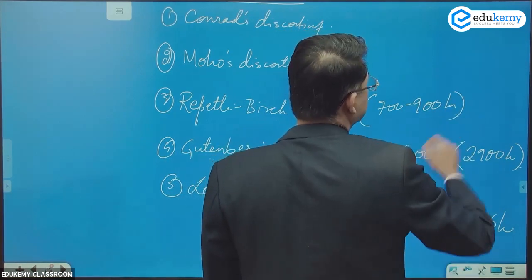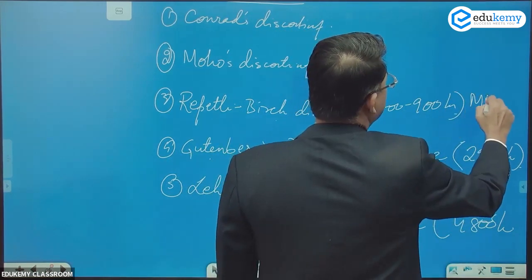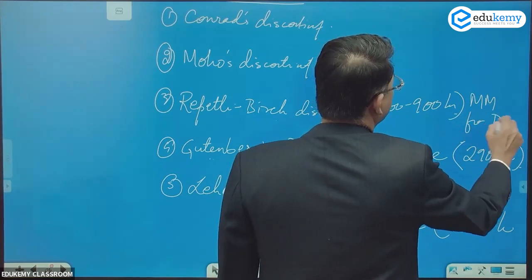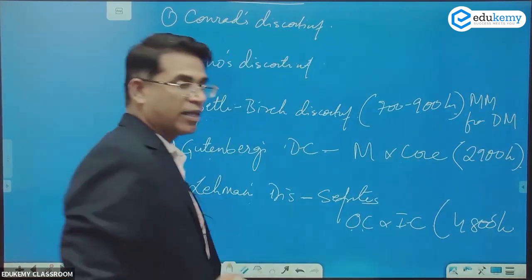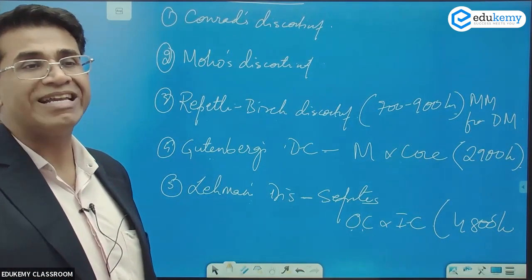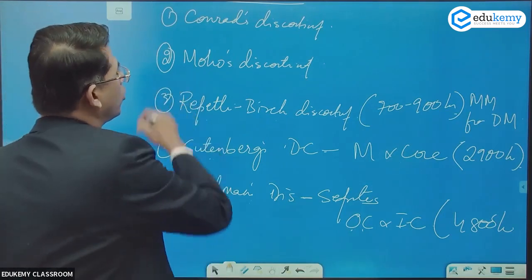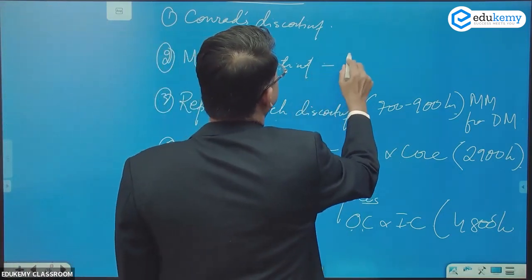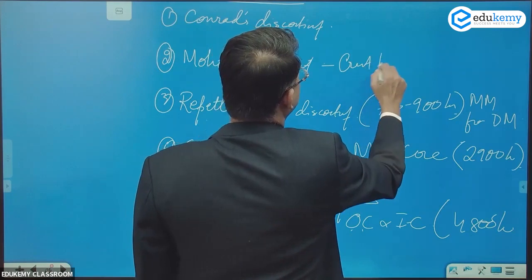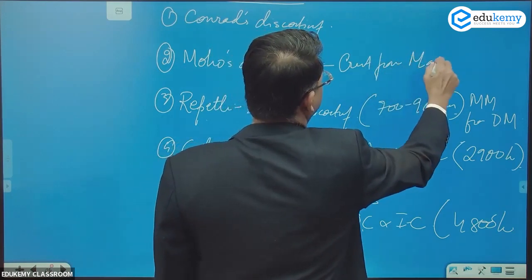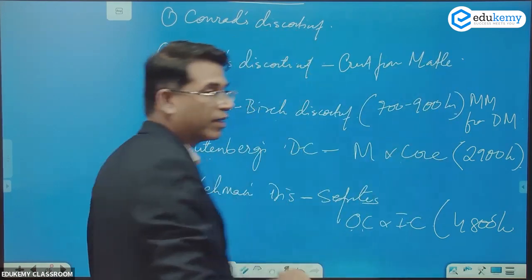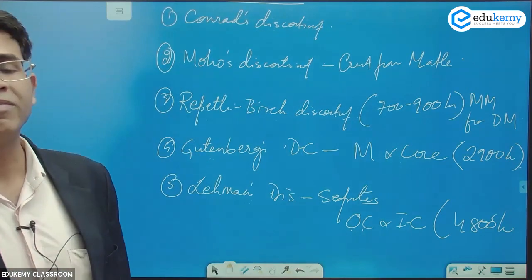It separates the middle mantle from the deep mantle. Moho's separates the crust from the mantle.